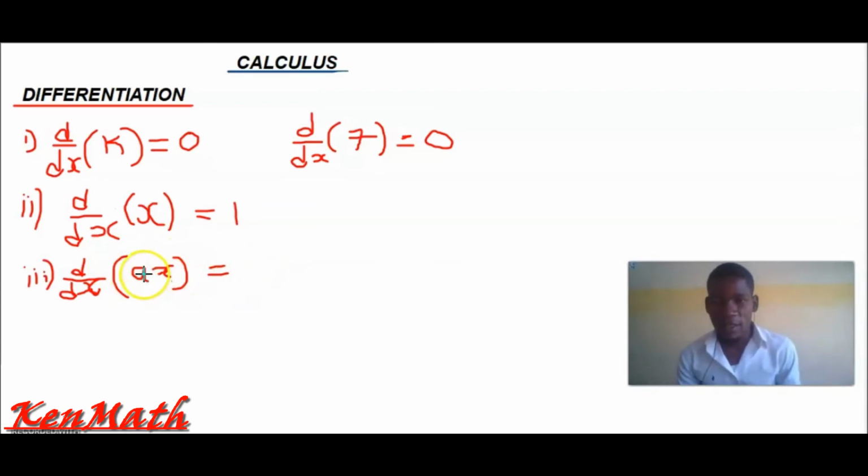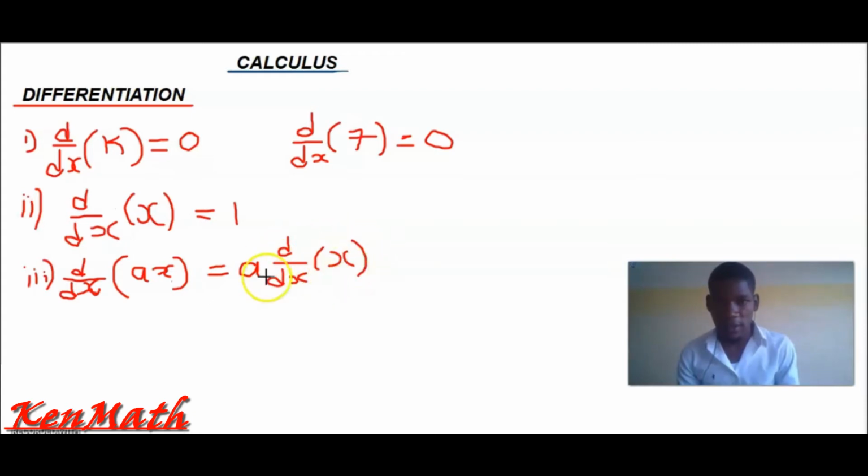it's the same as you find this constant number which is at the beginning, which has to go in front. So it will be a, and then d over dx of a single x.